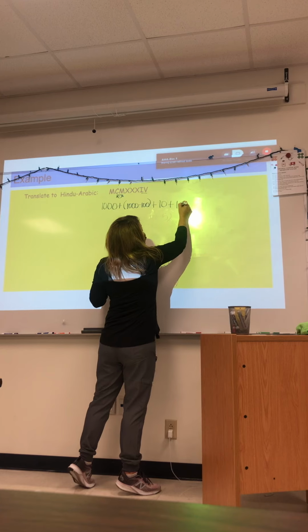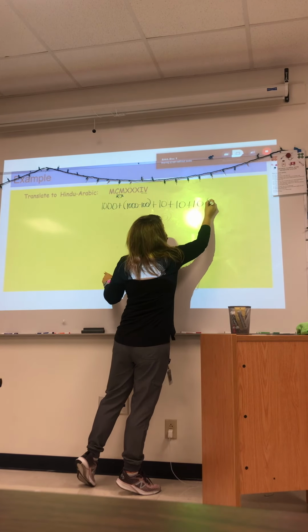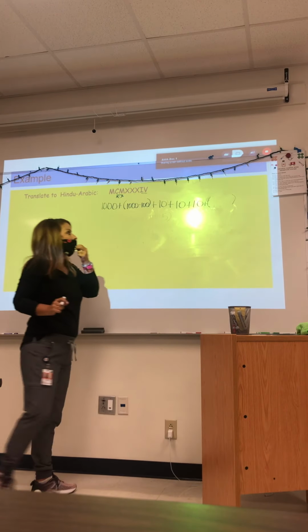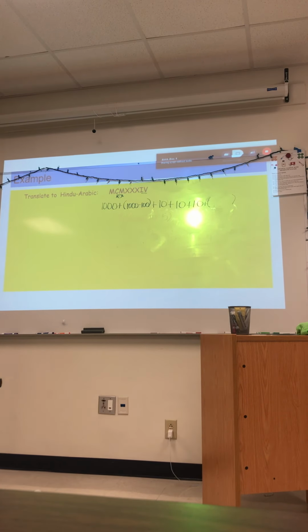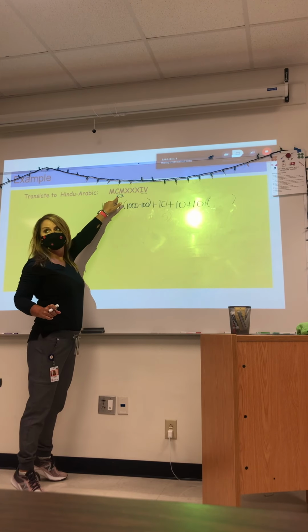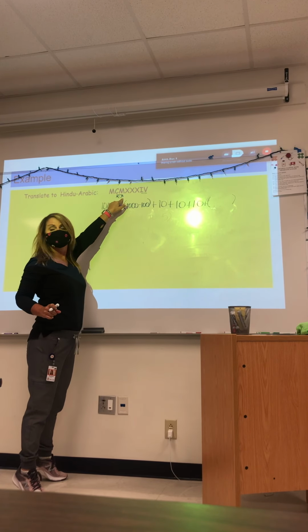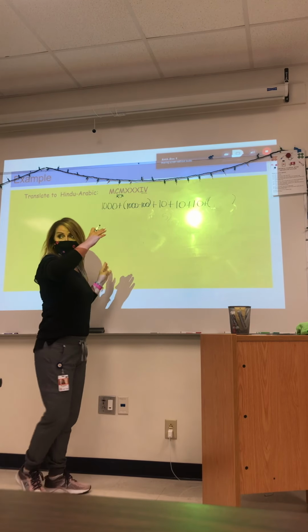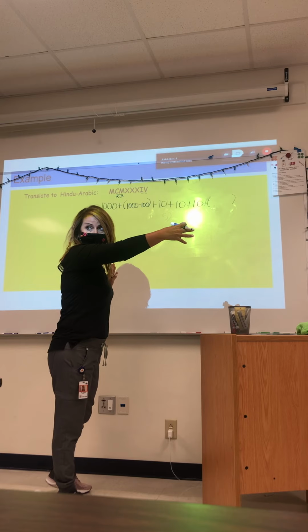Okay, let me write this and then tell me what's wrong. So the M was 1,000. Then the C and the M, the C is 100 and the M is 1,000. So what should you do? Because this one is smaller than this one, they're not in biggest to littlest all the way down the line.